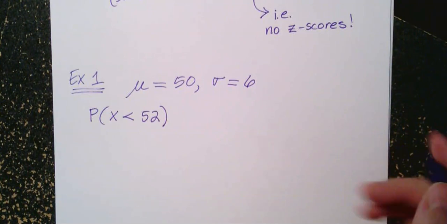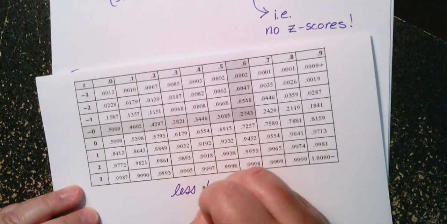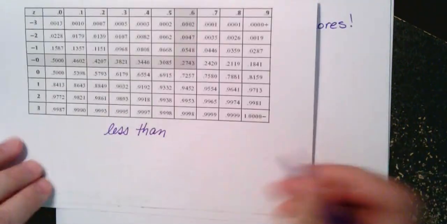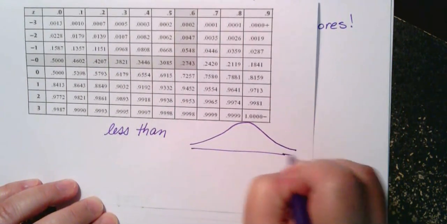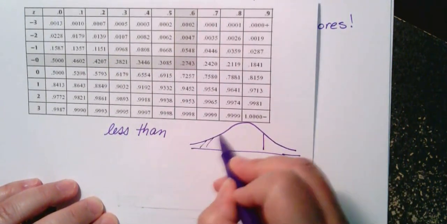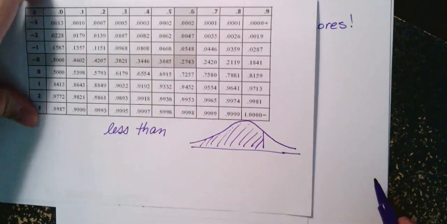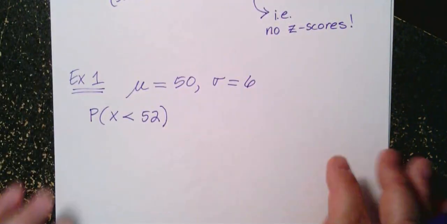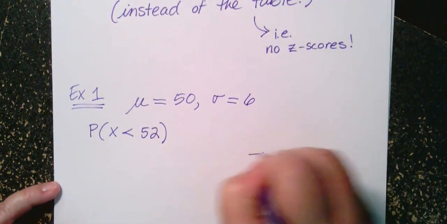Now remember, the table is strictly about less than values. The entire table is telling you, for whatever X value you find the Z-score of, the probability of being to the left of that. Less than is to the left of on these, and greater than would be to the right. So if we want to know the probability of being less than 52, let's look at what this would look like.